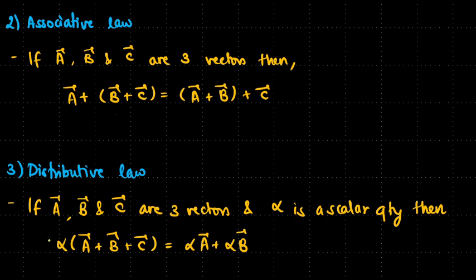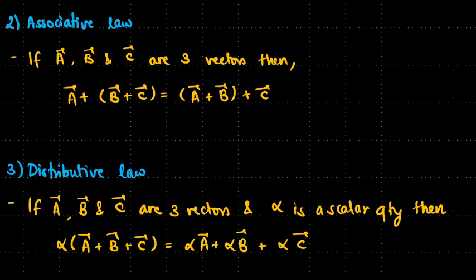So if you're multiplying the vectors, then you can distribute to them individually. You can multiply this to that, and this to that. What this does is it just extends the length, it changes the magnitude. If it has a unit, it will only change the magnitude.